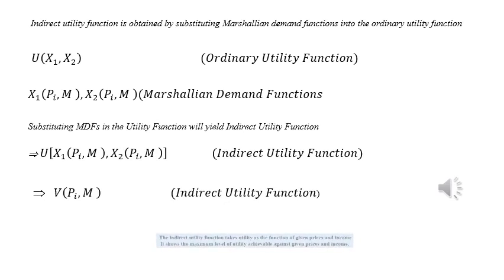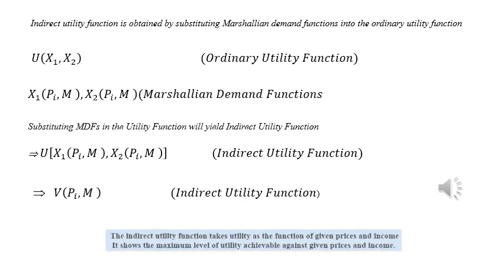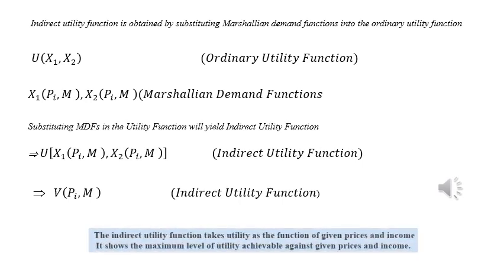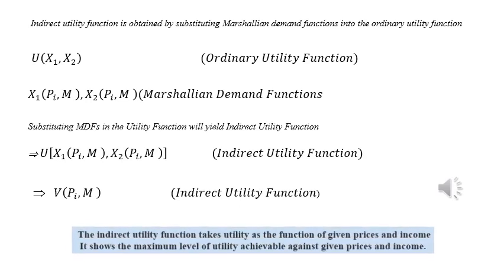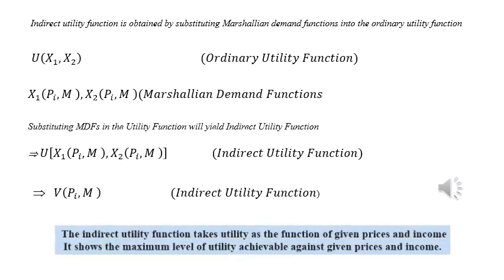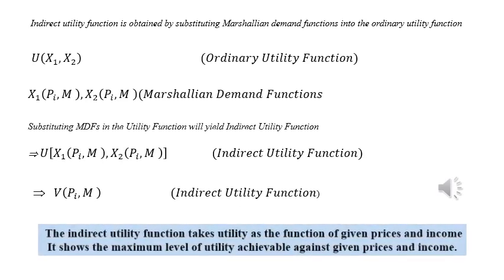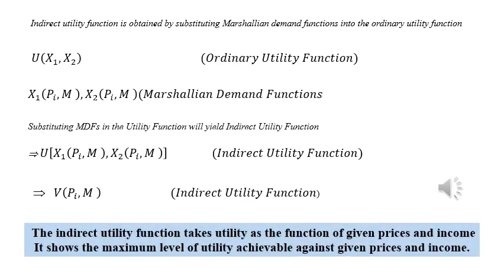Now look at the last blue shaded definition. The indirect utility function takes utility as a function of given prices and income. This is what we have already discussed. Let's focus on the second line. Indirect utility function shows the maximum level of utility achievable against the given prices and income. Now keep this in mind, that is how the indirect utility function is obtained.